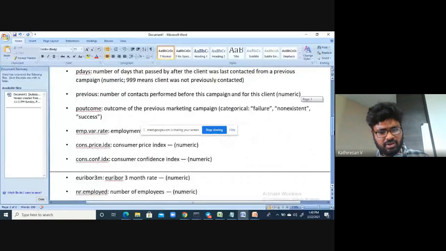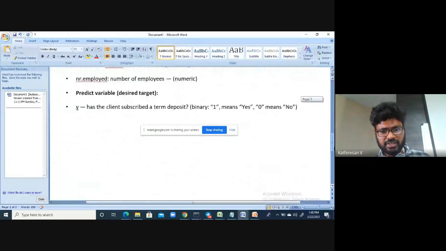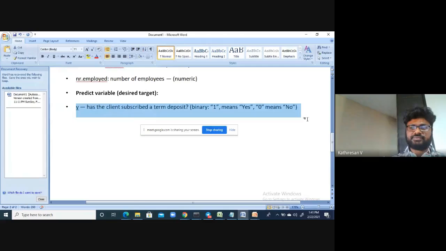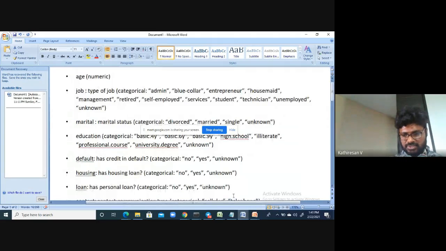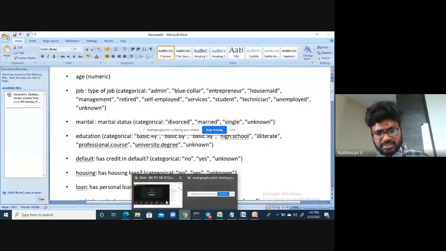So after all these details, you have to find whether the client has subscribed to the term deposit or not. This you have to do. Any of you who have completed this, please share the screen.